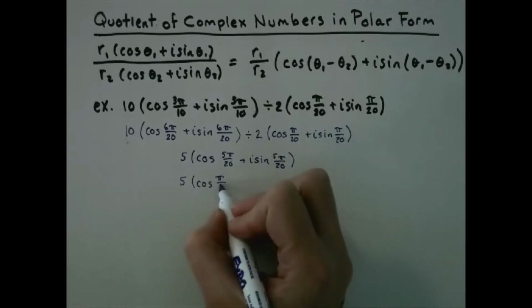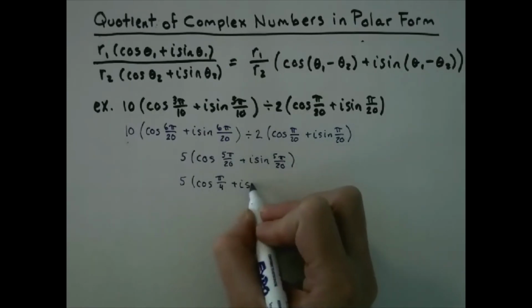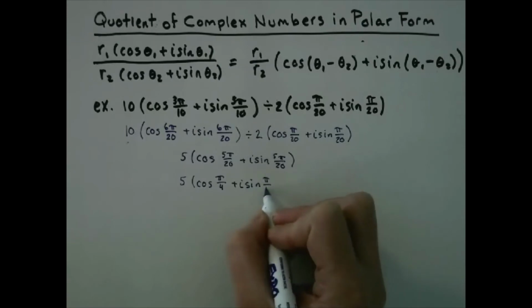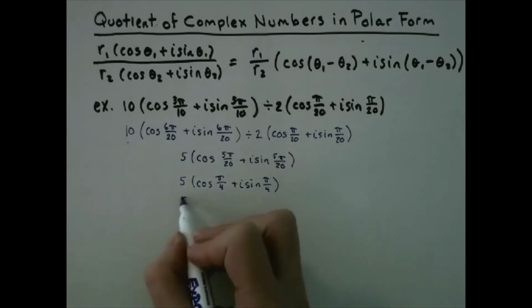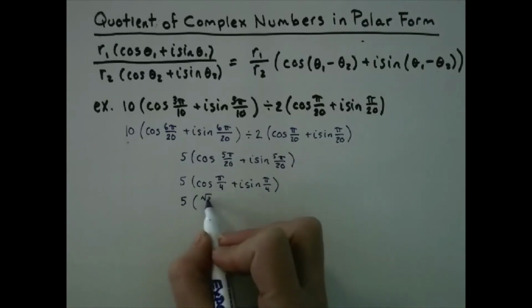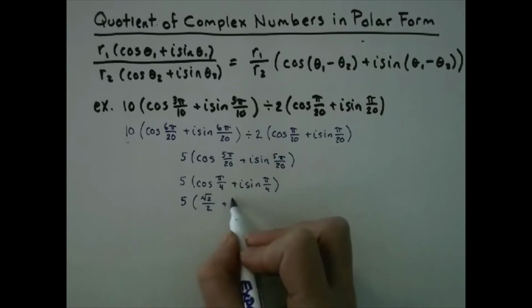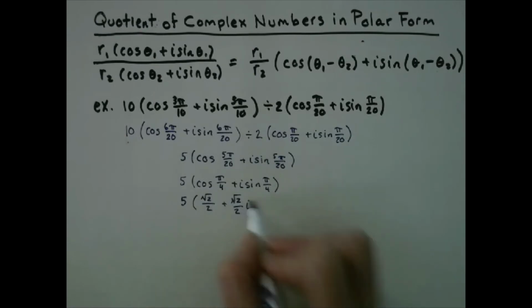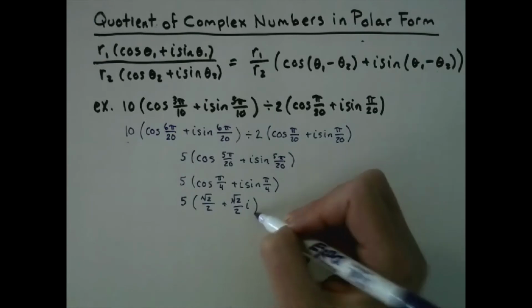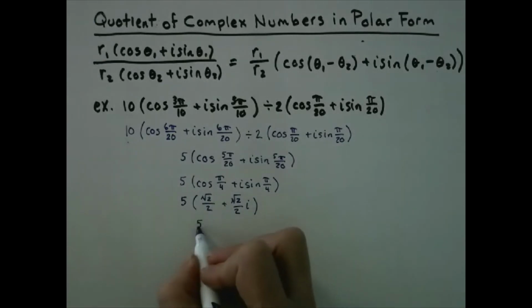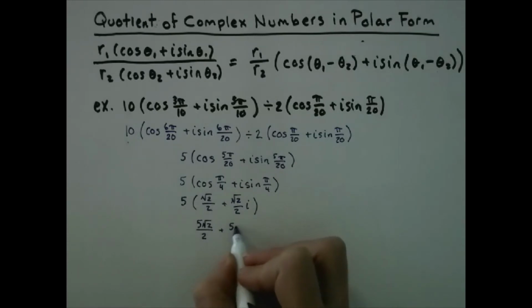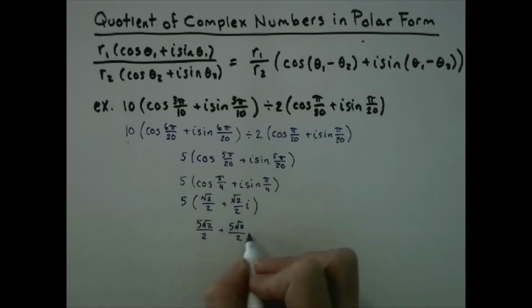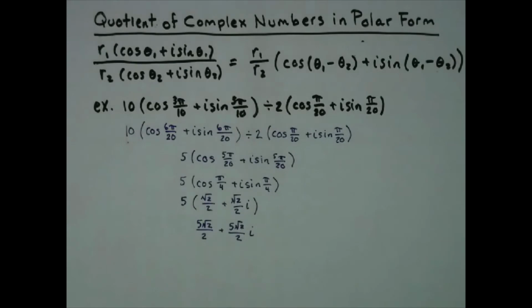So this will be pi over 4. We're going to have root 2 over 2 plus root 2 over 2 i, and then distribute. So our final answer here will be 5 root 2 over 2 plus 5 root 2 over 2 i.